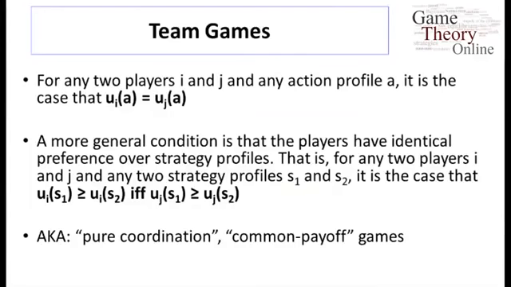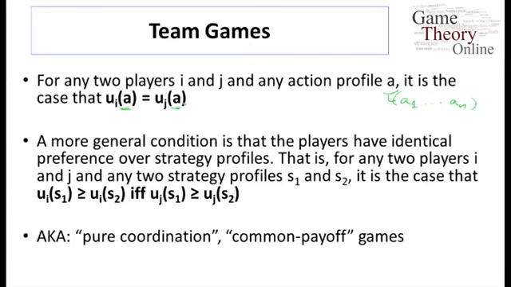For any two players, then, in terms of a team game, and we look at an action profile A, so this is a profile, for instance, A1 through AN, when we think of a team game, then when we look at any two players, no matter who they are, as a function of A, they're getting exactly the same payoff. So they share exactly the same incentives as a function of the actions.